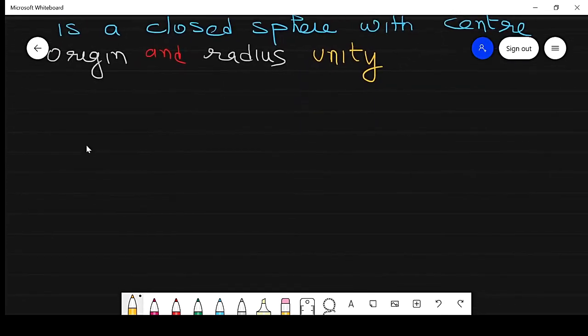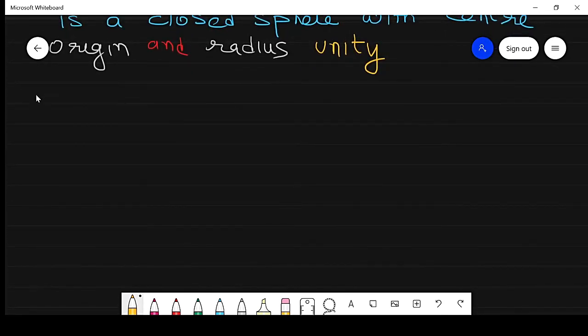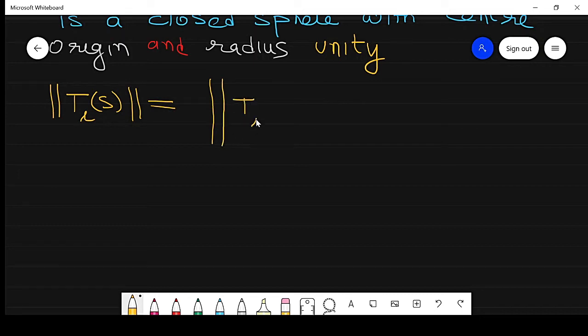Now check what is Ti of S. T is a linear transformation. So this can be written as Ti of (S0 minus x0) over r0, right?